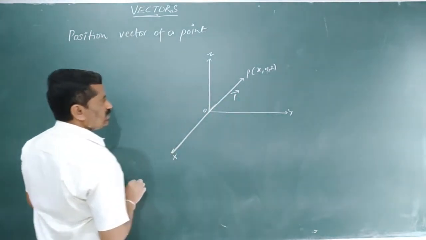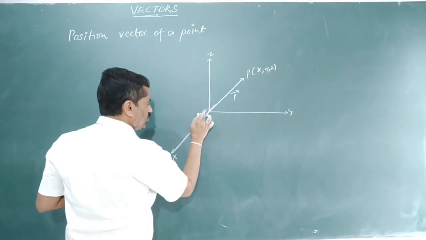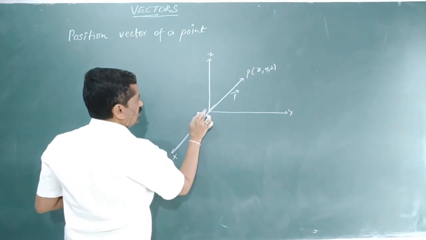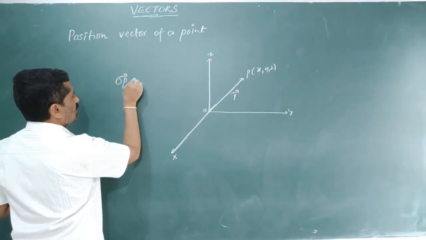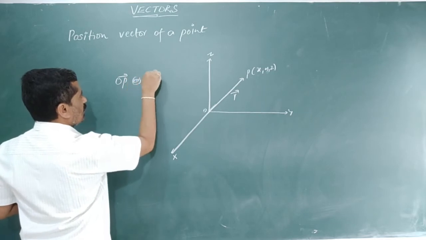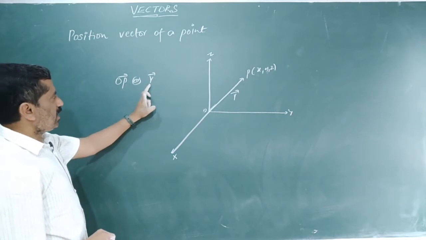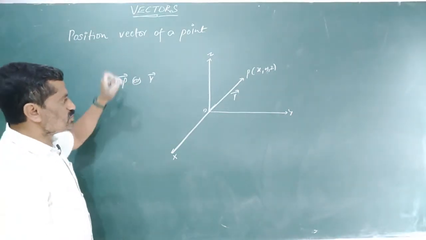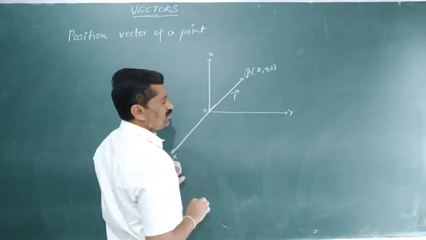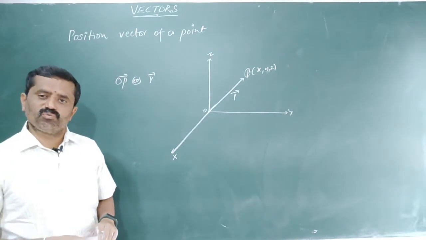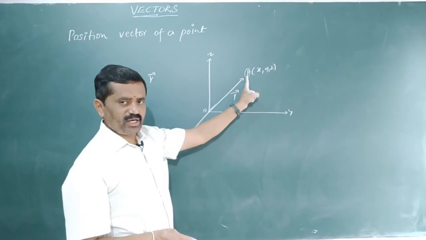The position vector of a point P with respect to O is written as OP bar or vector R. Here vector OP or vector R is the position vector of a point P with respect to origin O. So here again P is a point, O is the origin.